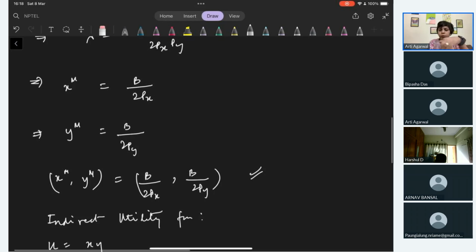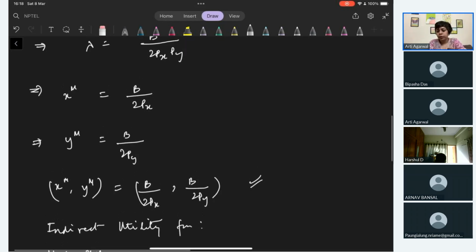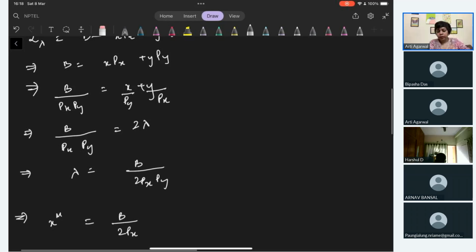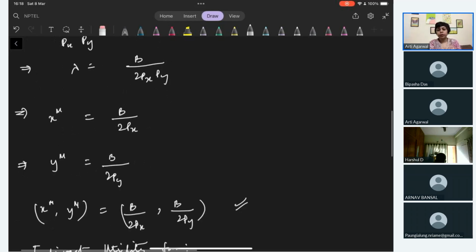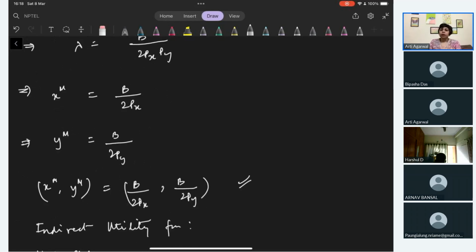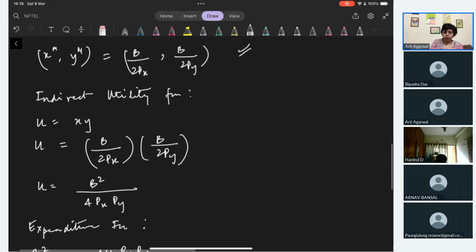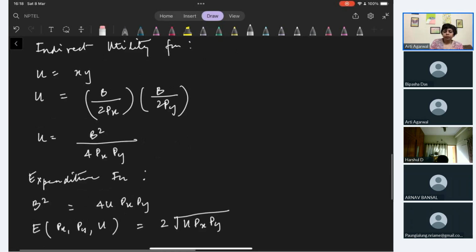We substituted the value of lambda in the expressions we got for x and y, and we got the final expression for xm and ym, which is the Marshallian demand vector of the consumer for good x and good y. Then we plugged those values of x and y into the utility function to get the indirect utility function, where instead of the quantities of the goods, we use the values of the budget and the prices of the goods.